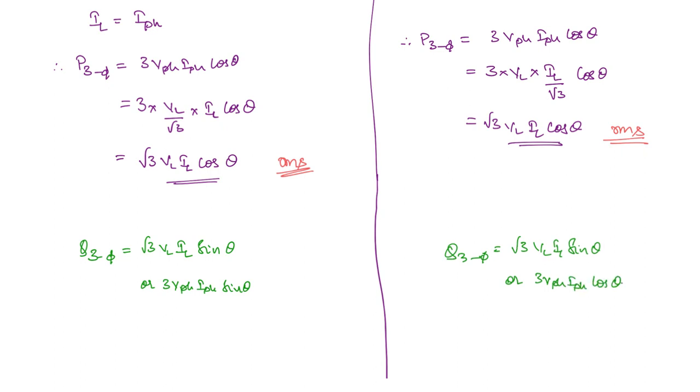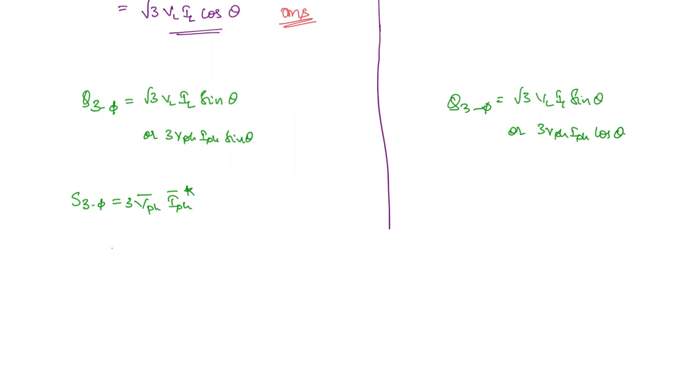And finally what is left out? The complex power. This is going to be 3 times V phase I phase conjugate, or in terms of the line values you are going to get root 3 VL IL conjugate. Here also it is the same thing: 3 times the phase values, I is the conjugate, or root 3 times the line values.